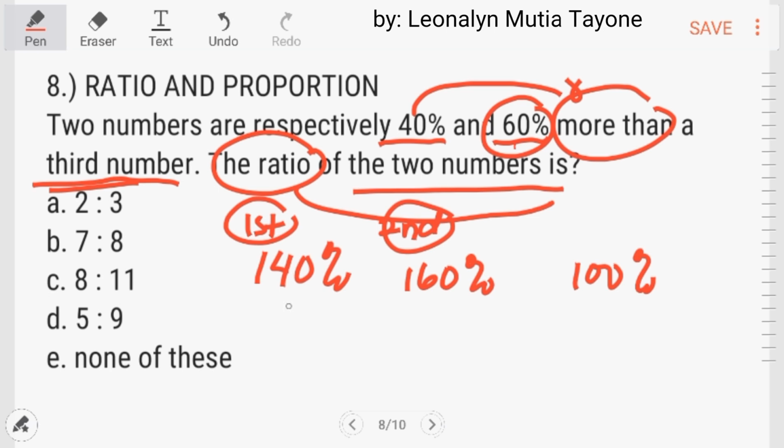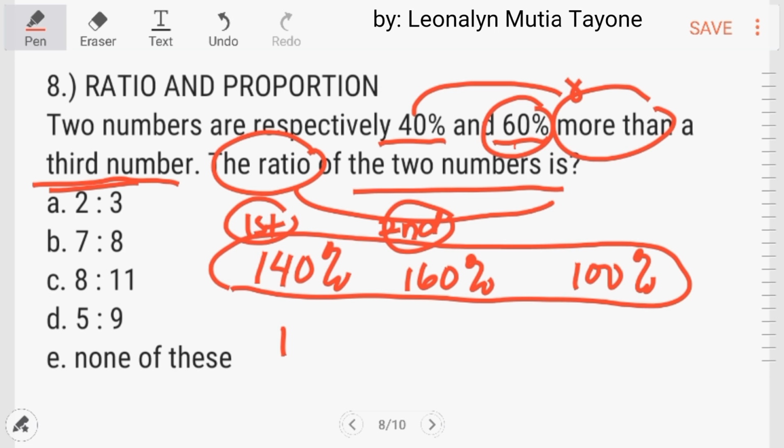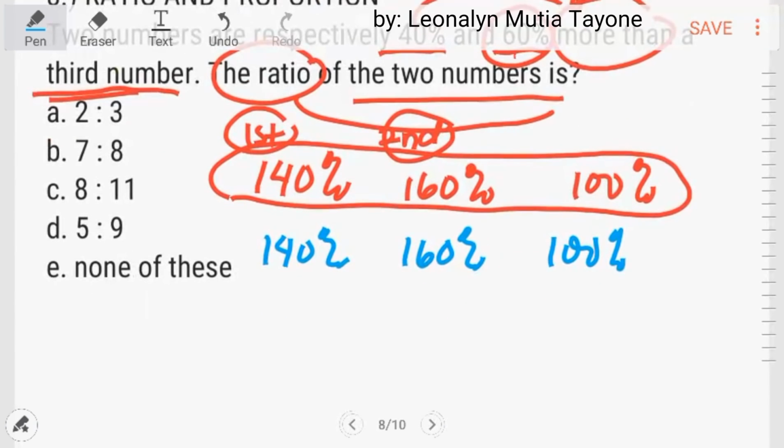So, gawin nating itong mga percentage. Dito na sila, 140%, 160%, at saka 100%. Gawin nating, i-divide natin ng 10. So, maging 14 na siya, ito maging 16, at ito maging 10.